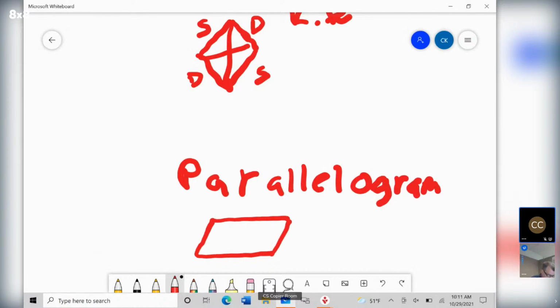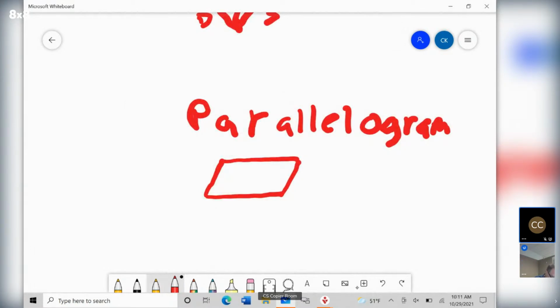And what that means is it's four sides and the opposite sides are equal.